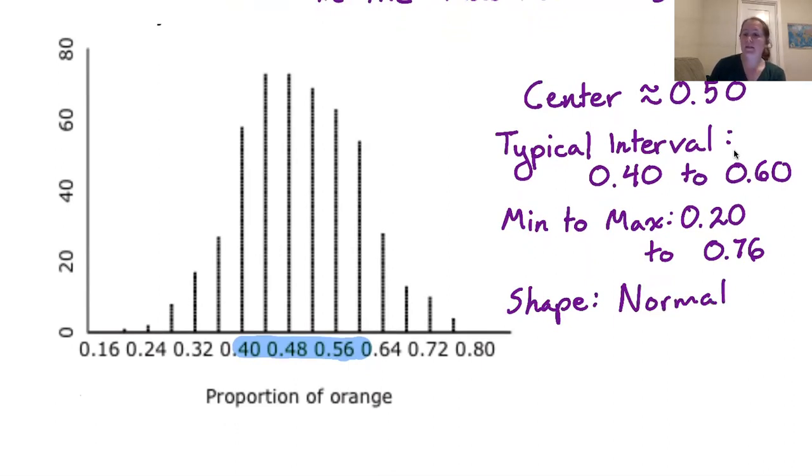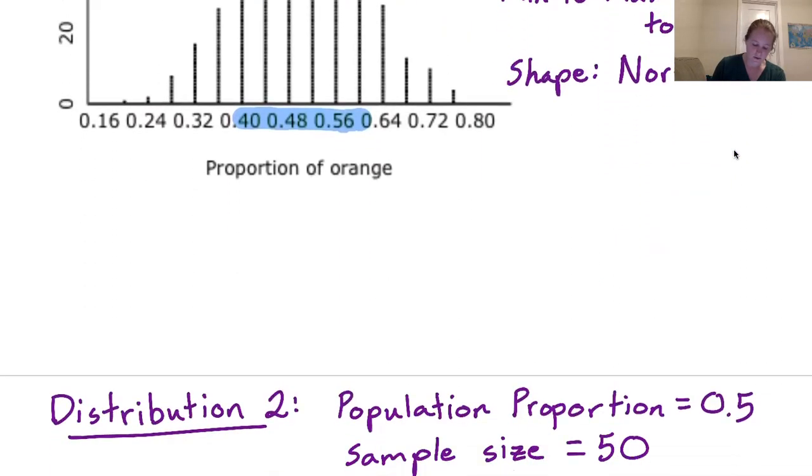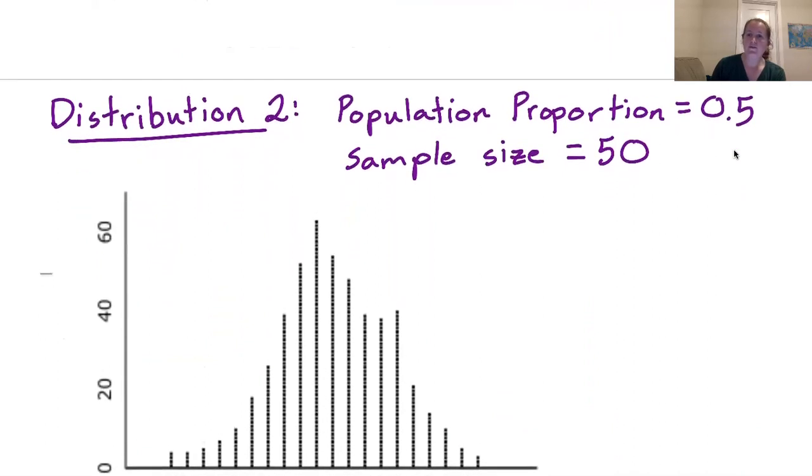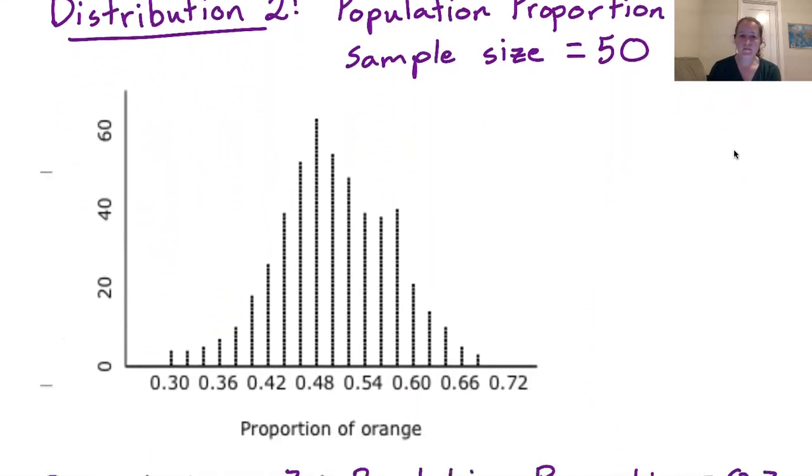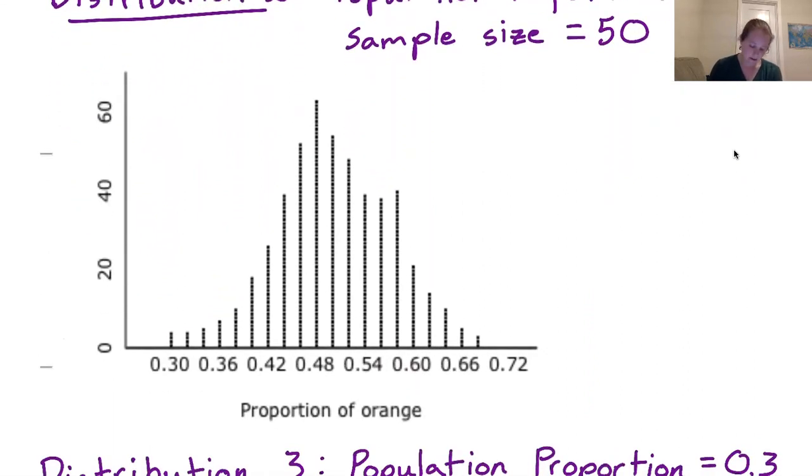Now we'll do the same thing for our next distribution. So for distribution 2, we had a population proportion of 0.5. This time we are looking at samples of size 50. Once again, our center appears to be around 0.50. Our typical values are going from about here to somewhere in here.